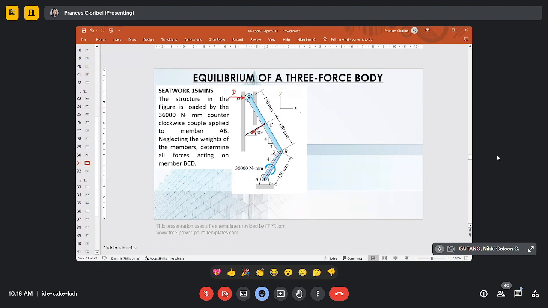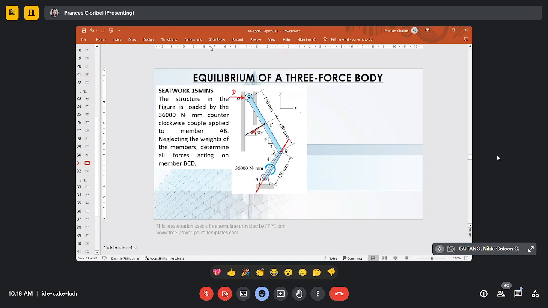So that is the direction, but we still do not know if it is going upward or going downward. Now, considering the body A, B, if we sum up moment at A, the moment at B is 0.